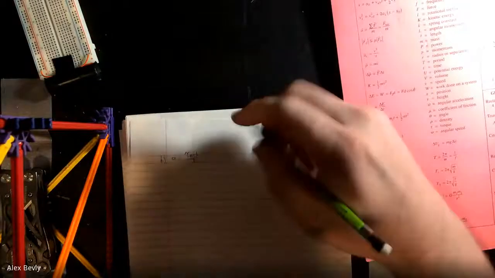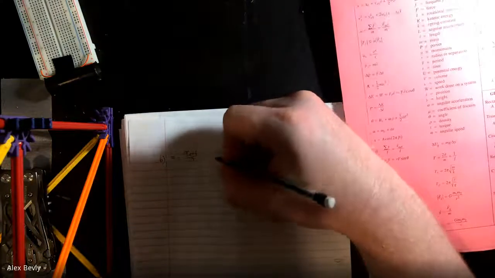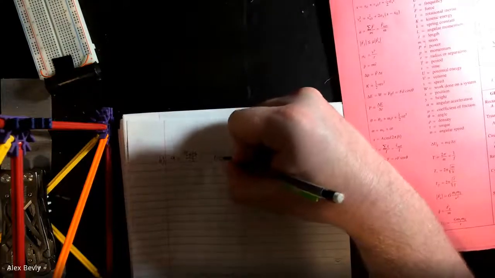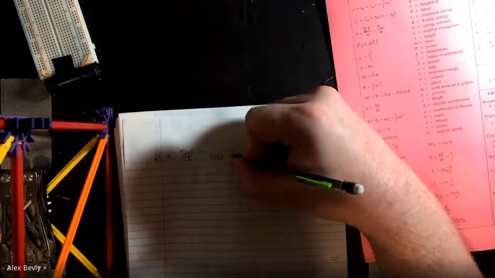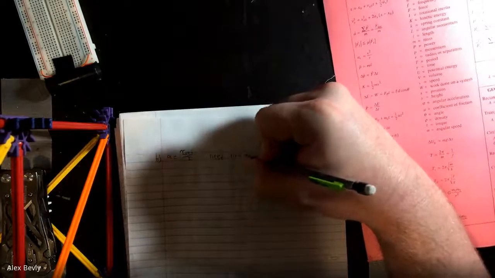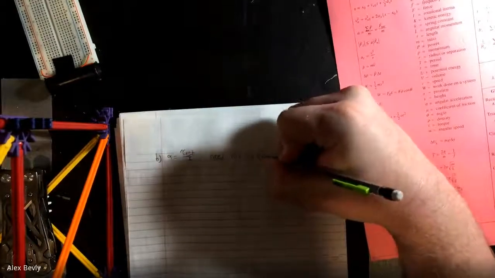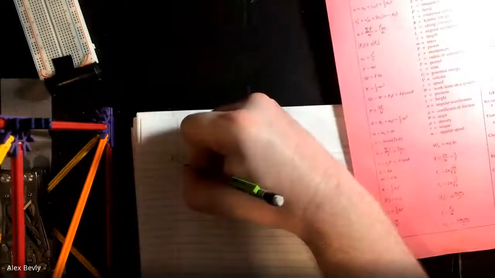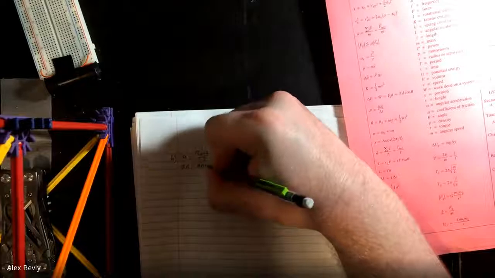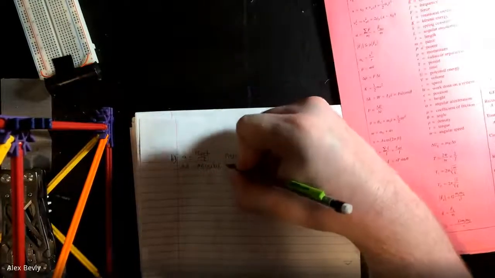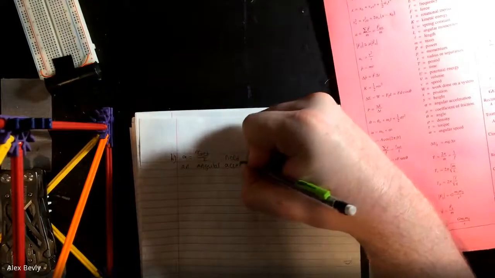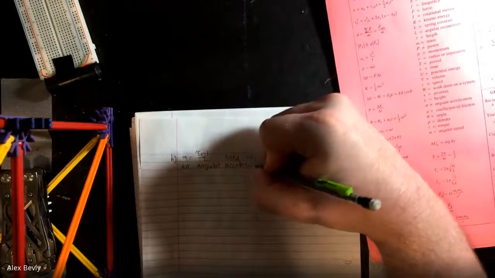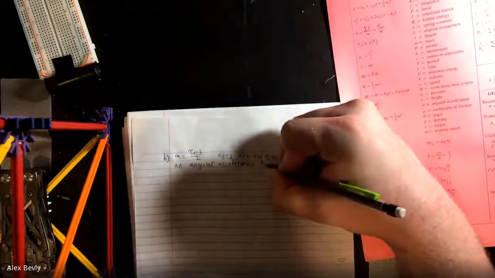So exactly, in order to have an angular acceleration, we need a net torque to cause an angular acceleration to begin rolling.